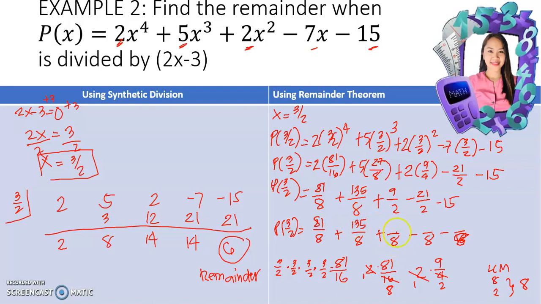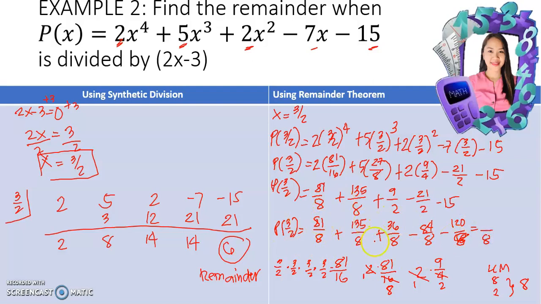So, 8 divided by 2 is 4, times 9 is 36. 8 divided by 2 is 4, times 21 is 84. 8, tapos may imaginary 1 na denominator sa 15. So, 8 divided by 1 is 8 times 15 is 120 equals. Since these are similar fractions, copy yung common denominator.